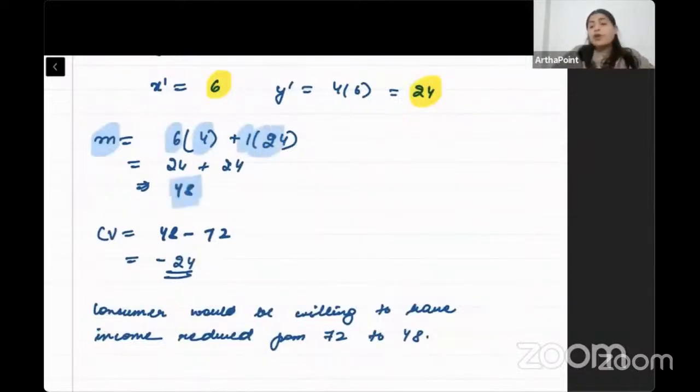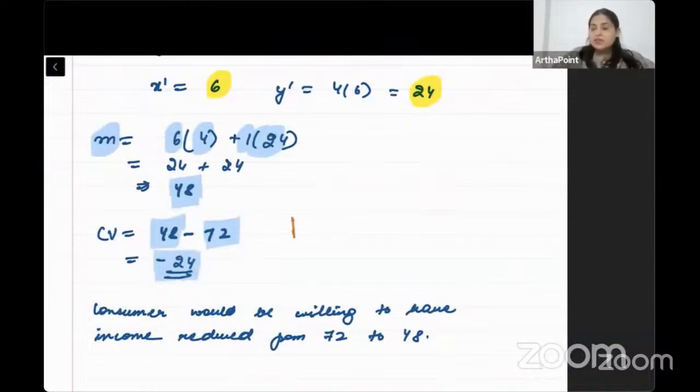So you will require 48 rupees. तो पहले वाले बंडल को कंज्यूम करने के लिए 72 चाहिए थे. अब वाले बंडल को कंज्यूम करने के लिए 48 चाहिए और दोनों बंडल्स सेम लेवल ऑफ यूटिलिटी दे रहे हैं. तो बेटा, what is the amount of money you will give up? 24 ना? So 24 will be your compensating variation.